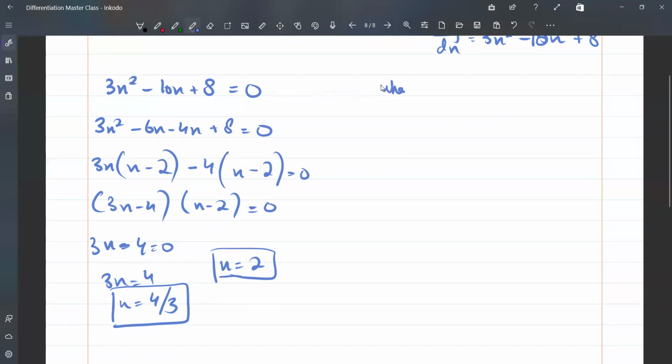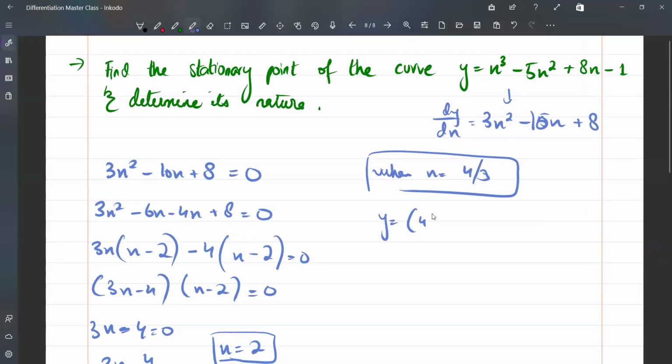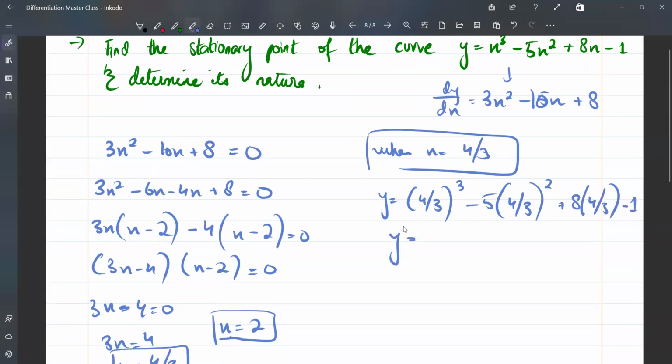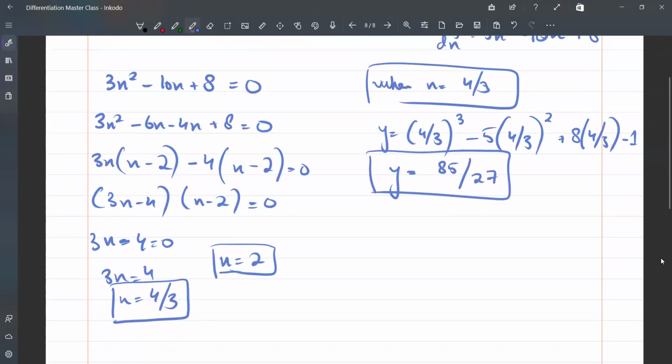When x is equal to 4 upon 3, y is (4 upon 3) cube minus 5 (4 upon 3) square plus 8 (4 upon 3) minus 1, and y is equal to 85 upon 27 if you solve this using a calculator.